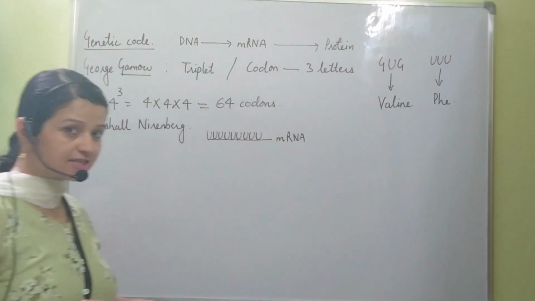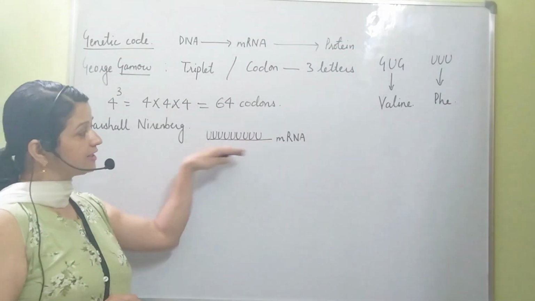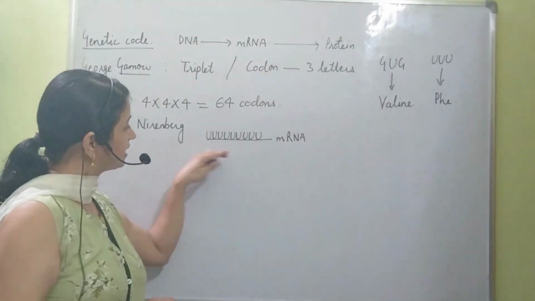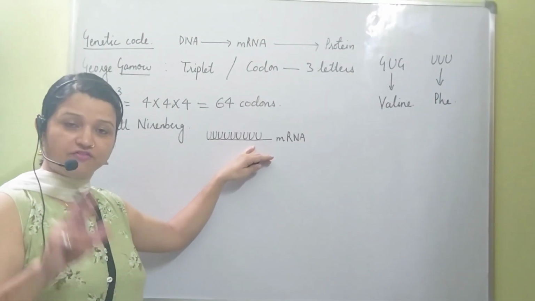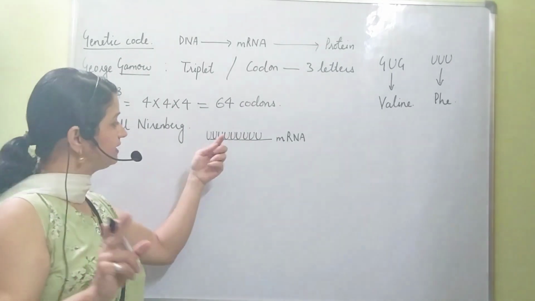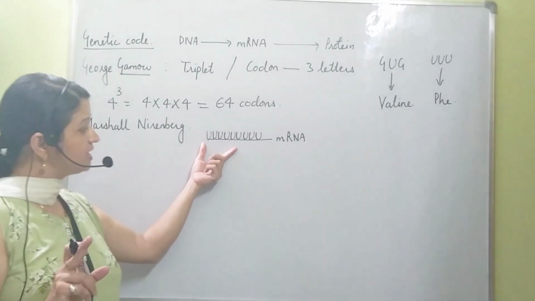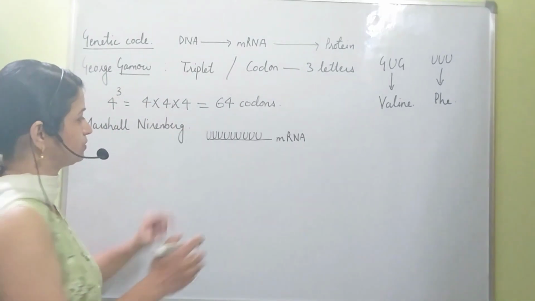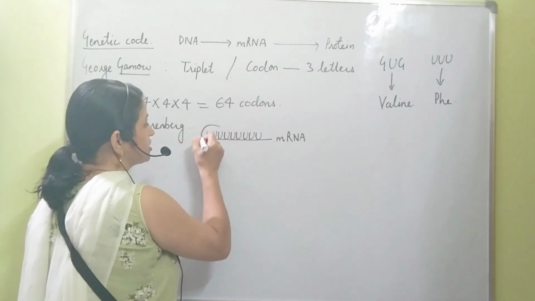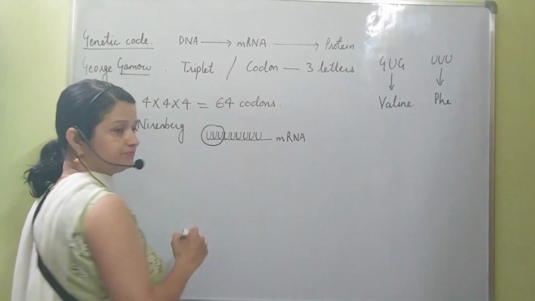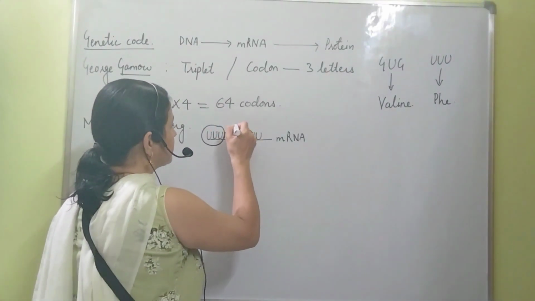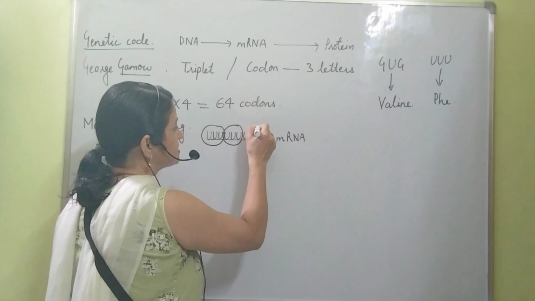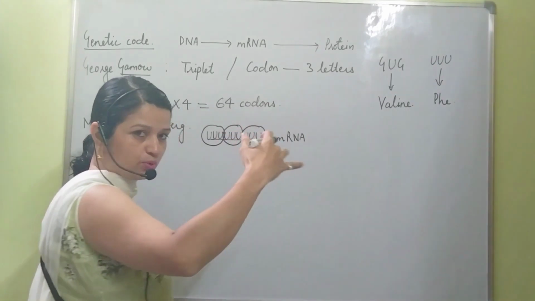Here we can see, my dear students, that this messenger RNA contains a sequence of nucleotides which have only one type of nucleotide, that is uridylic acid. Second important thing, as George Gamow suggested, the codons are triplet in nature. So this is our first codon, this is our second codon, and this is our third codon, and so on.